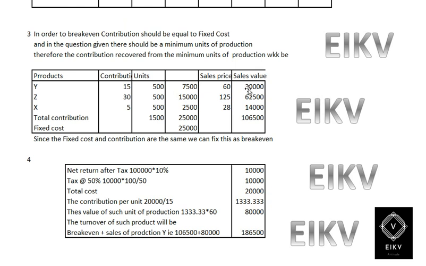That is, we have the break-even units as 500 each for every unit, and we have the selling prices over here: 60, 125 and 128. When we multiply the units into the selling price, we will get the total break-even sales as 1,06,500. So when we take that 1,06,500 plus 80,000 which we have computed above, we will get the total amount of 1,86,500.